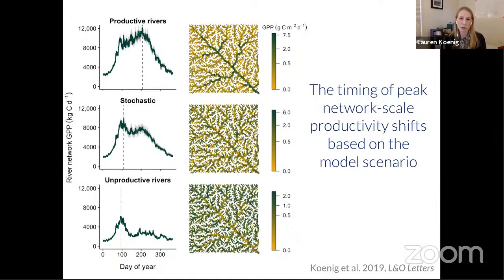So peak network productivity is advanced about 100 days. And in particular for the stochastic scenario, the spatial distribution of GPP is much more uniform than either the productive or unproductive rivers scenario. So while a substantial proportion of annual network scale GPP is accumulated earlier in the year, springtime productivity in this stochastic scenario reflects the metabolism of both small and larger river reaches.